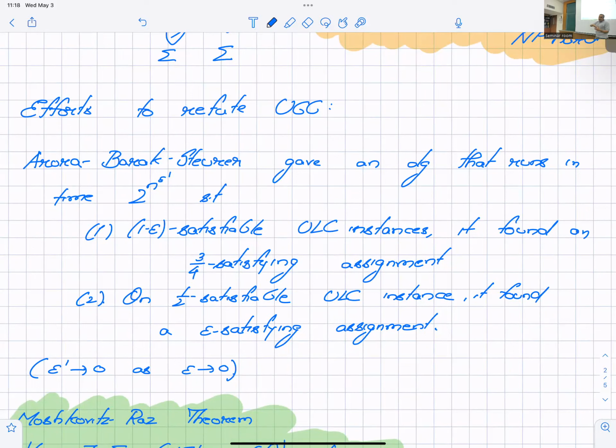Because the reduction is taking time n to the 1 over epsilon, all that is stating is that epsilon prime cannot be smaller than epsilon. If it was smaller, you get a contradiction. The epsilon prime that they get here cannot be smaller than epsilon.